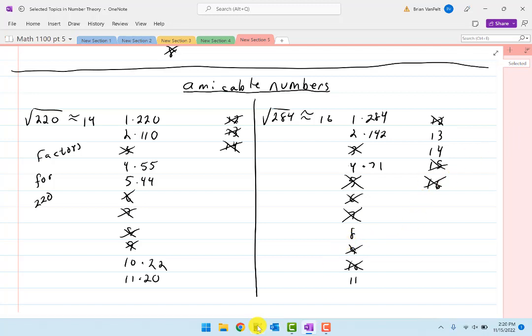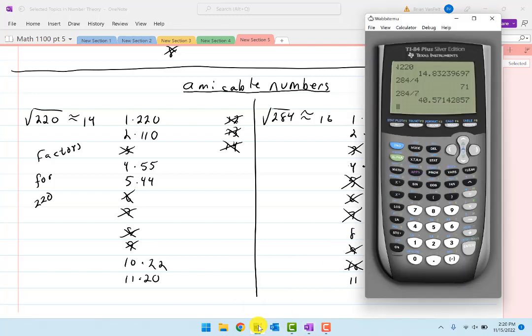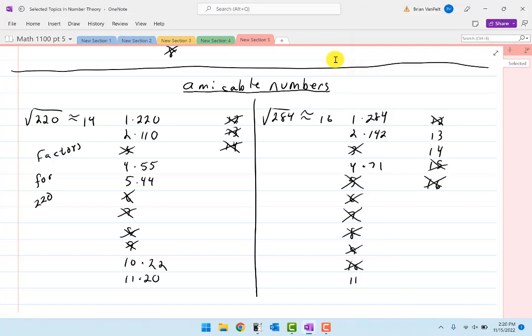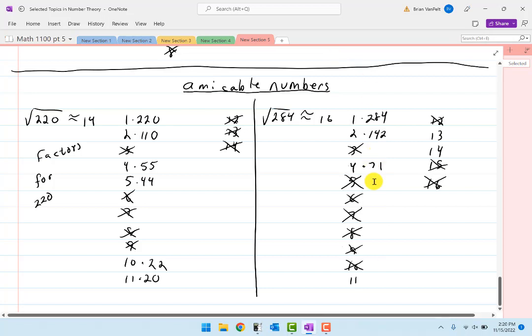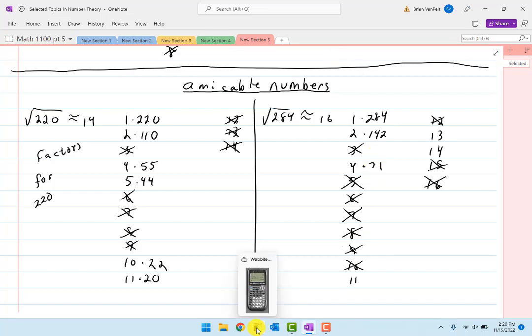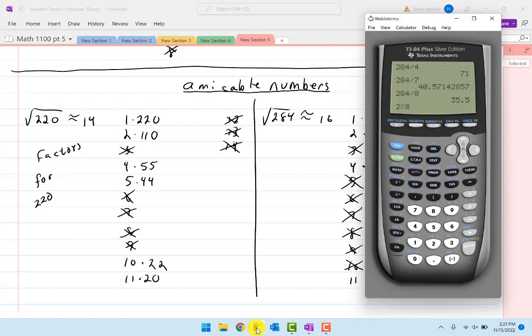Let's try 8. I don't think 8's going to work. So 284 divided by 8, and I get a decimal. So 8 doesn't work. I would take out 16 if I hadn't already. All right, let's try 11 next. 284 divided by 11. I get a decimal.